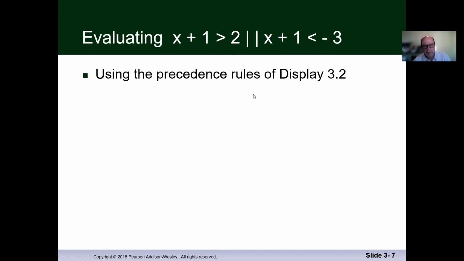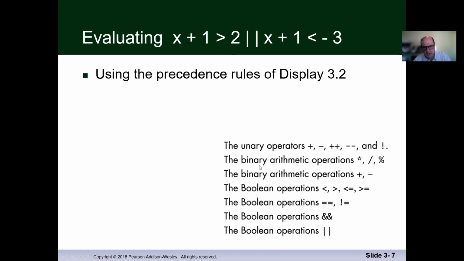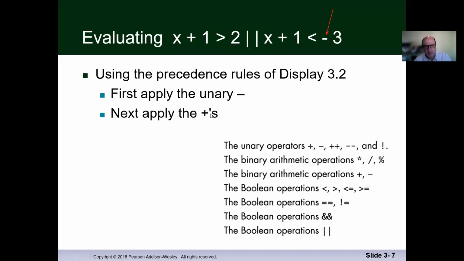So if we want to go through this and look at the order of precedence, the unary minus is going to happen first. The unary minus is right here, so that's going to happen first. Then we're going to be looking at the pluses.